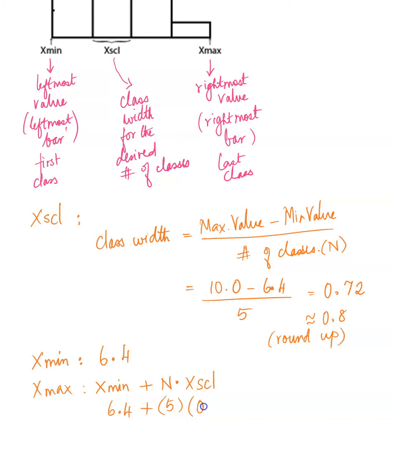The class width was 0.8. We do this because we rounded up, right? If you got a 0.72, that would match with your 10.0. But because of the rounded up version, this would give you 10.4 instead of 10.0. You have 10.4, and that is what you will use to put into your calculator.